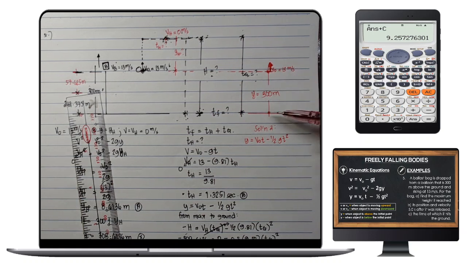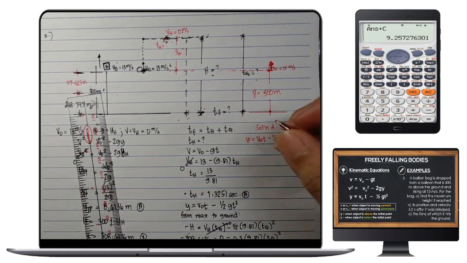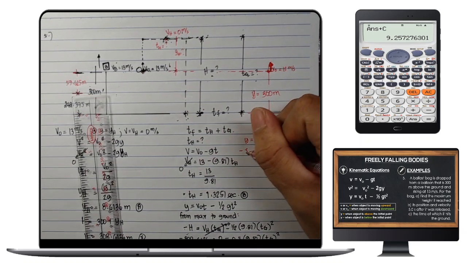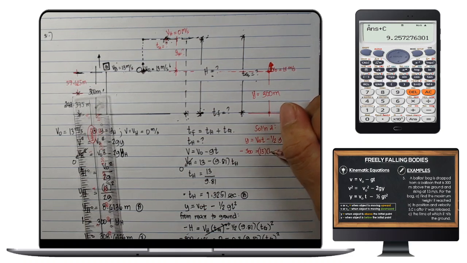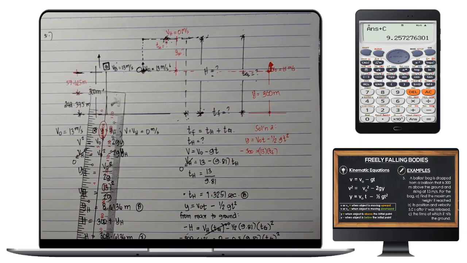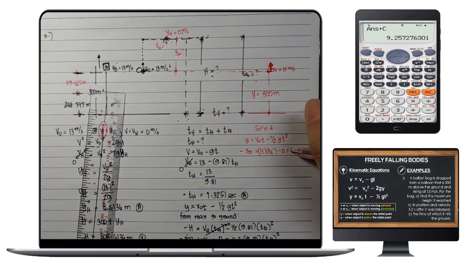So, therefore, y natin will be negative. So, that is negative 300 is equal to v0, v0 natin is 13 meters per second times t. That is your time of flight. Minus 1/2. Gamitin ko na lang 8.5. g natin is 9.81. Then this is time of flight being squared.